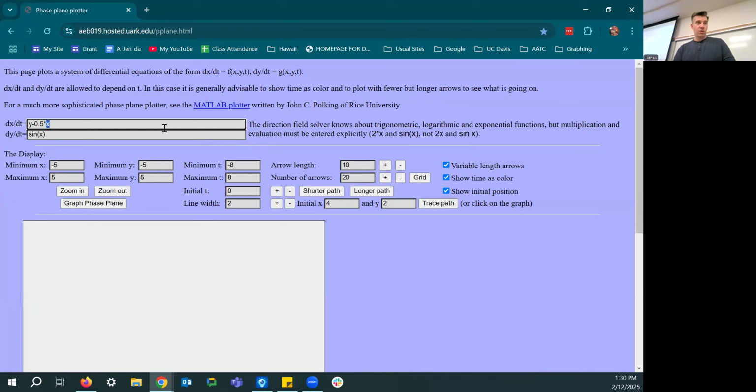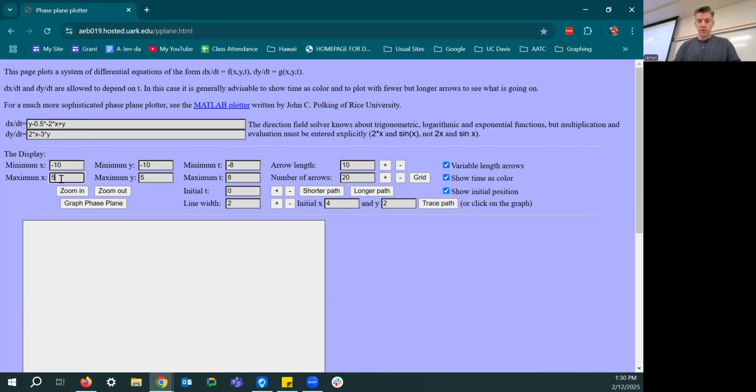But if we actually graph or plot it, the change in x is -2 times x plus y, and the derivative of x2 or y is going to be 2 times x minus 3 times y. If you graph it there, and let's make it so we're going to -10 and 10.